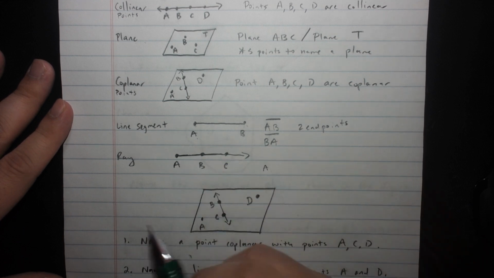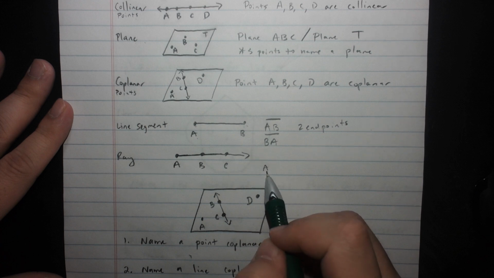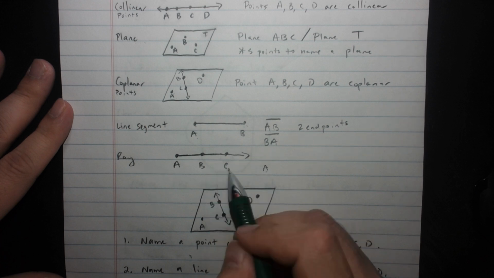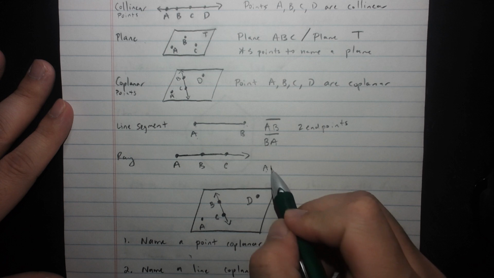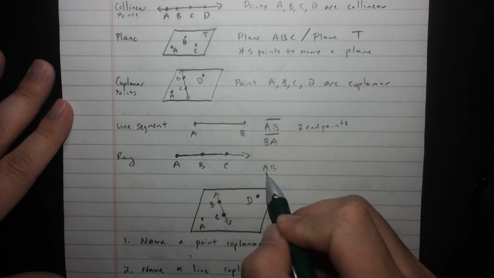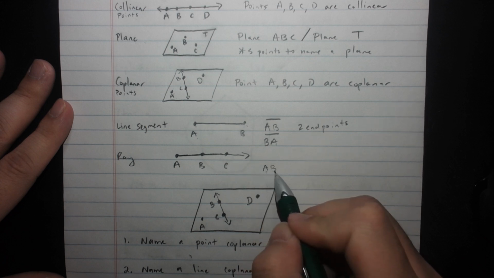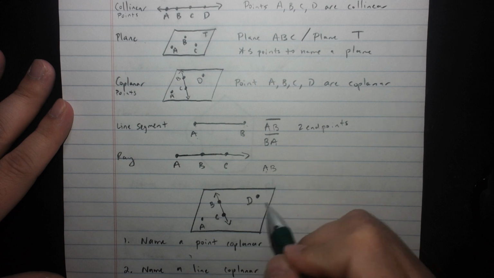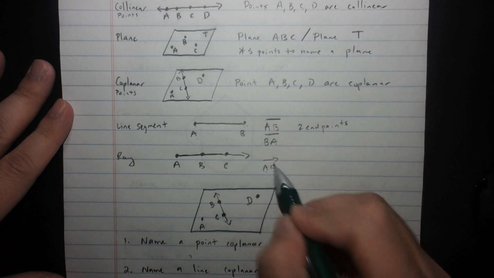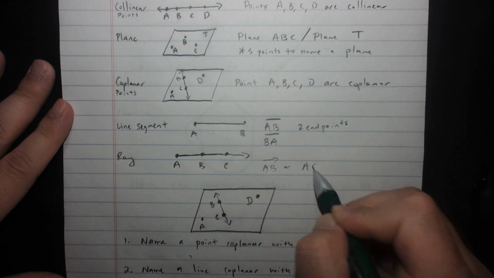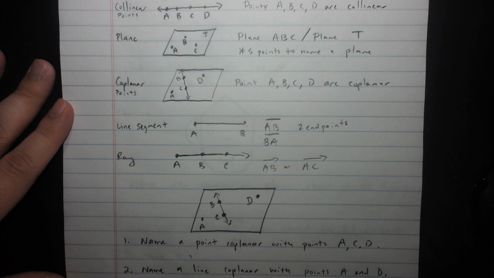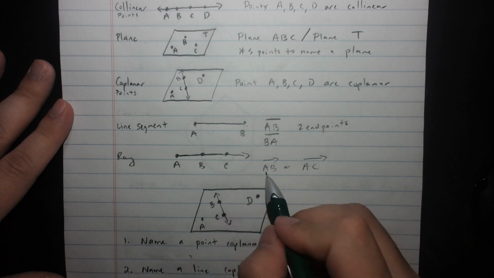You cannot write B or C first, because B and C are not the endpoints. And then what do I write after that? You can put B right after the starting point, or you can put C right after the starting point. It doesn't really matter. So I can call this ray AB, or you can call this ray AC. As long as you have that starting point first, then you're good to go.